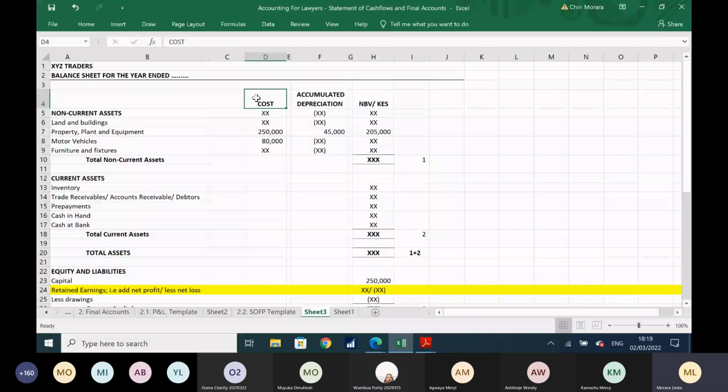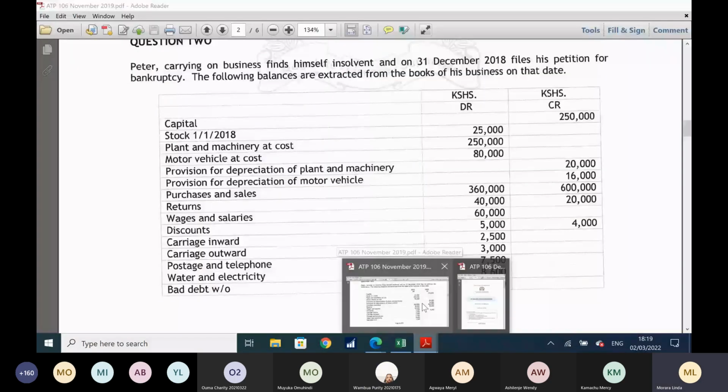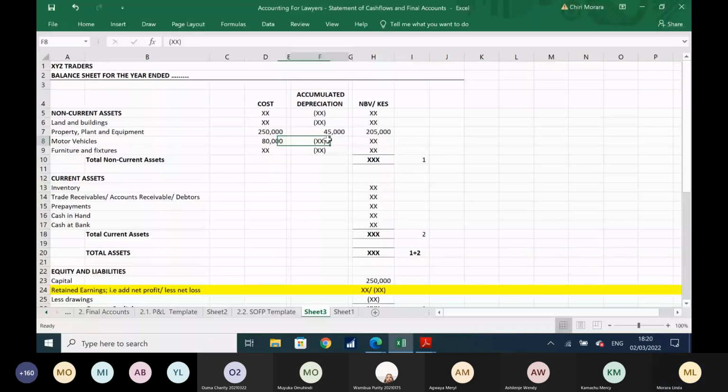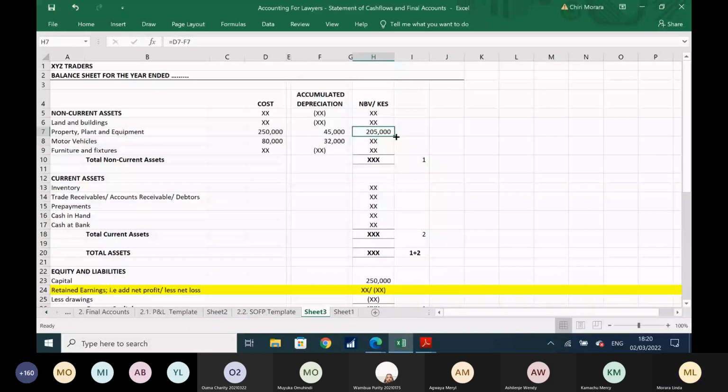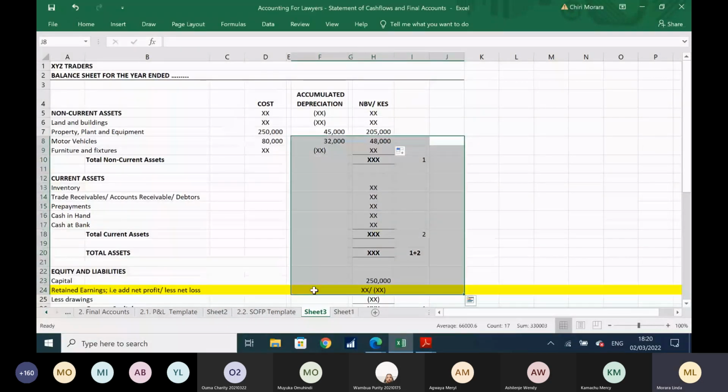So our motor vehicles is 80K and our accumulated is 16,000, and then I add the depreciation for the year which we have not charged yet, which is 16,000. So far we have reached provision.